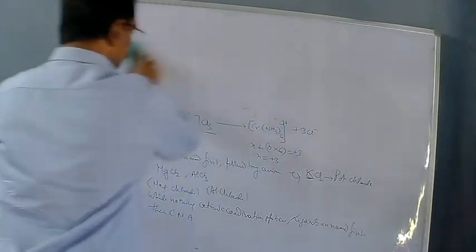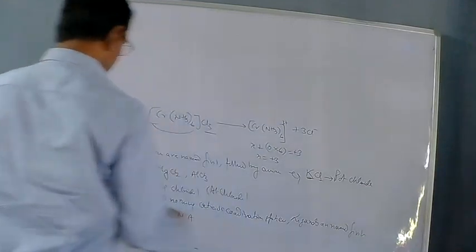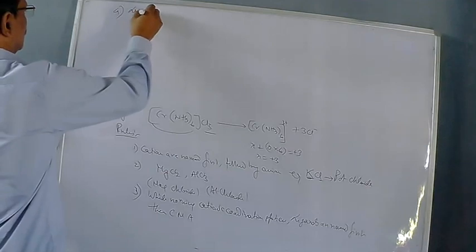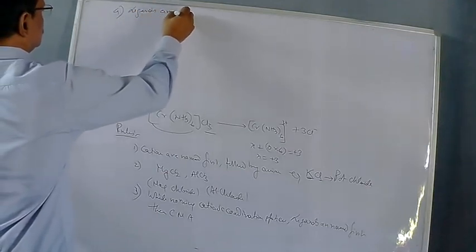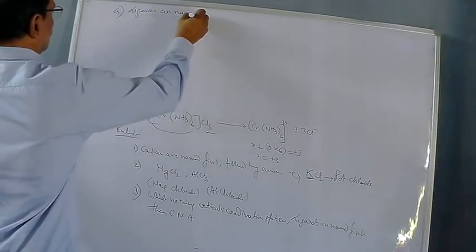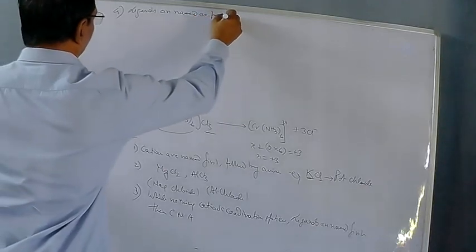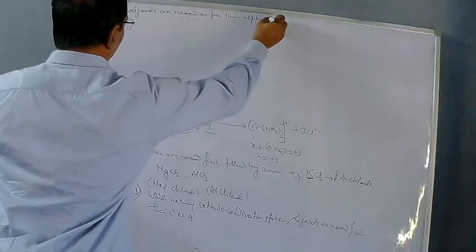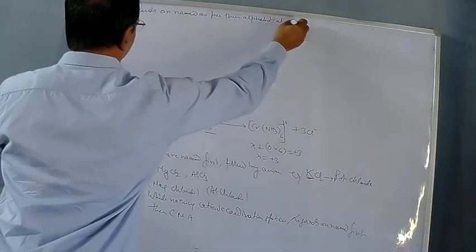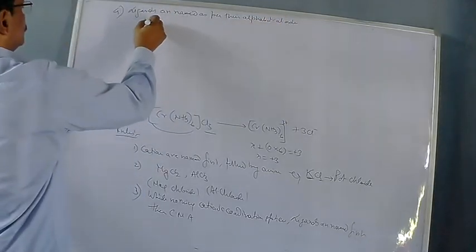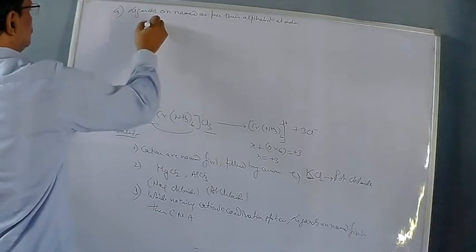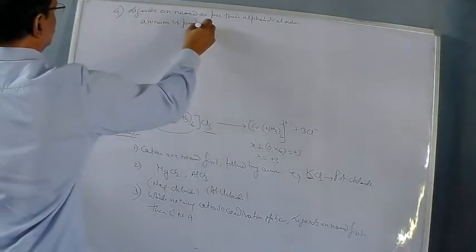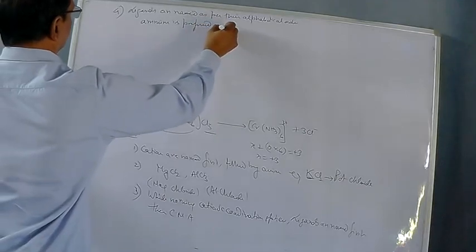Now rule number 4. Ligands are named as per their alphabetical order. Ammine is preferred over aqua.